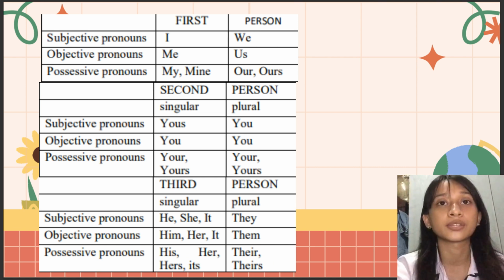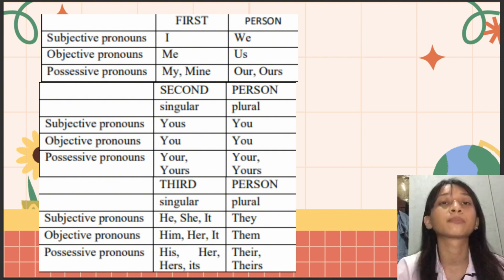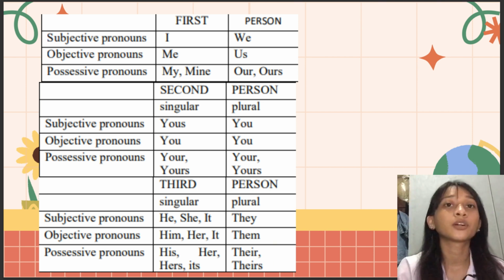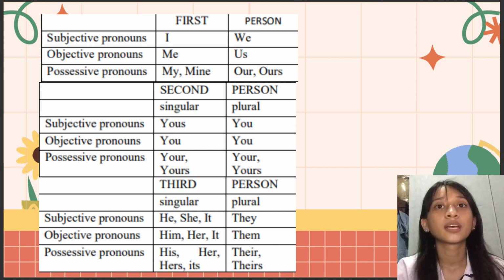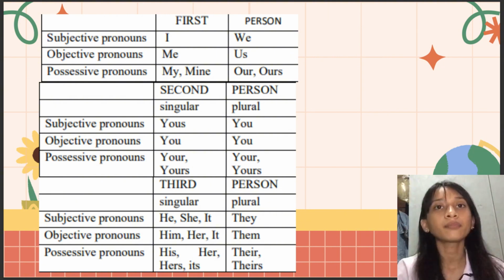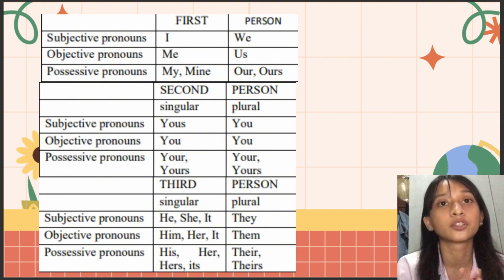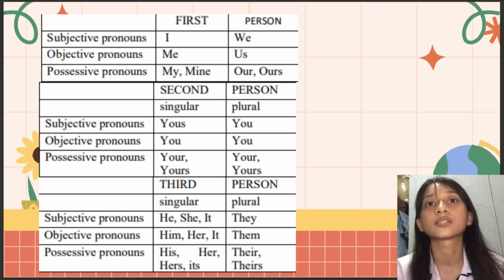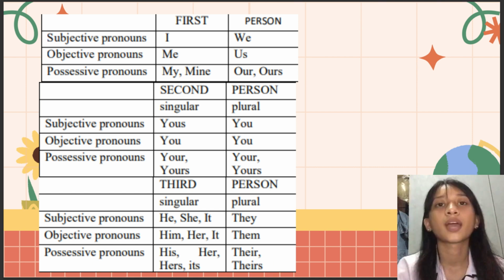Now in second person, the singular subjective pronoun is you, and the plural subjective pronoun is you. The singular objective pronoun is you, and the plural objective pronoun is you again. Singular possessive pronouns are your and yours. Plural possessive pronouns are your and yours.